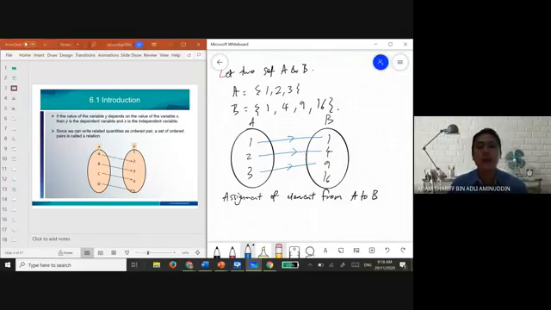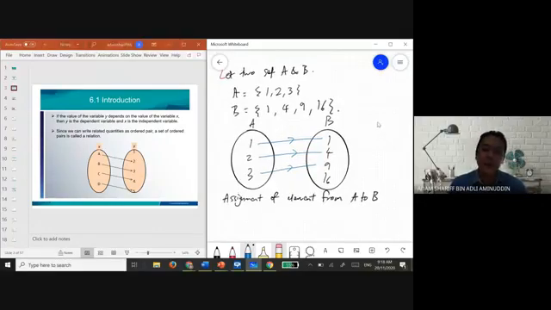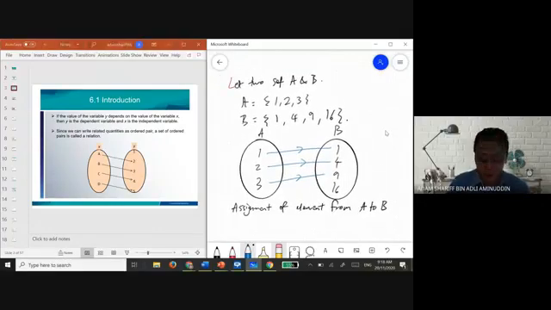And if you try to recall what you have already learned from your mathematics teacher from secondary school, this A is also known as the domain. You assign an element from the domain to the codomain.